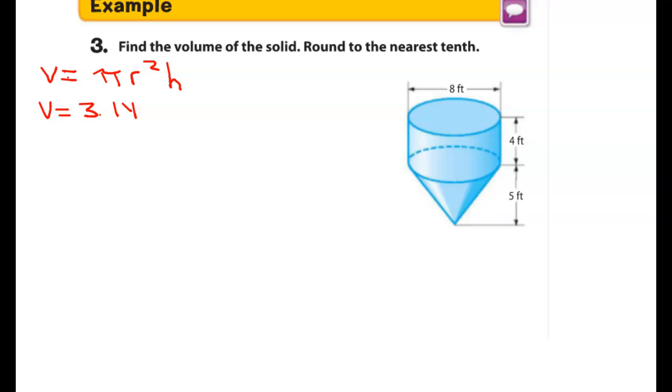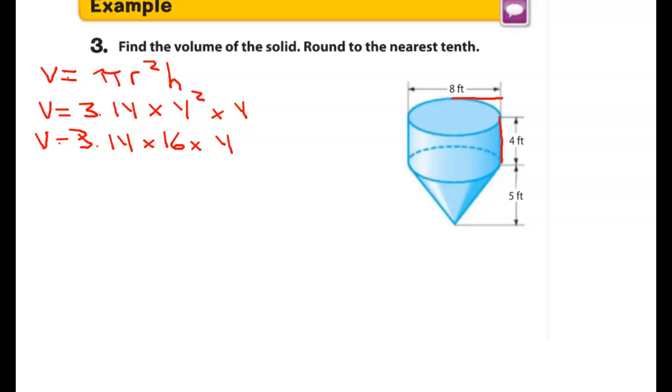Now all the way across is 8, so the radius halfway across is going to be 4. So times 4 squared times the height. And they're telling me that from here to here is 4, so the height is also going to be 4. So then the volume will be 3.14 times 4 squared, which is 16, times 4.